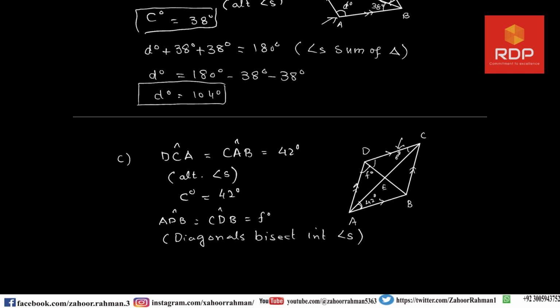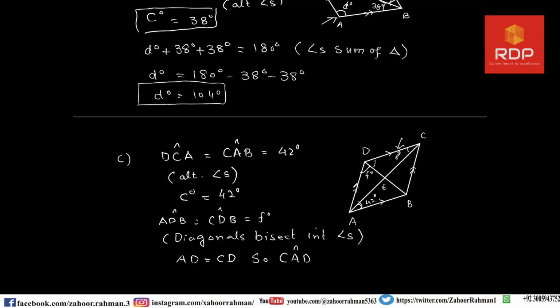So according to that we wrote F. First we specified, and we can write that AD is equal to CD.